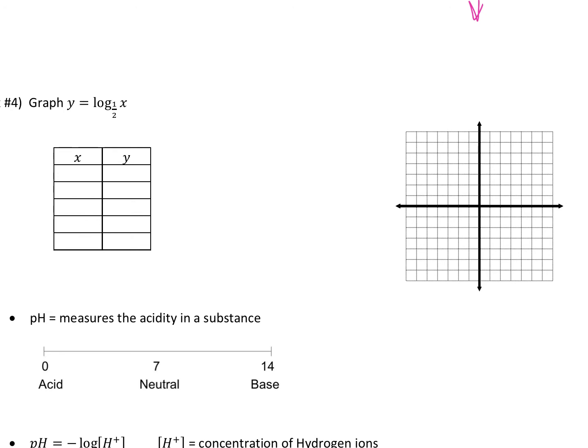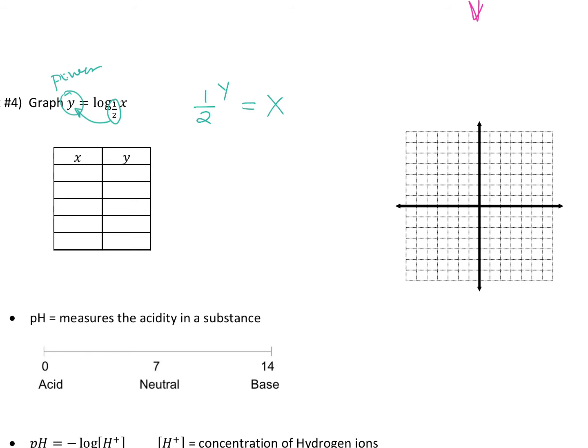Y to the 1/2 power equals x. Not quite. 1/2 to the y power equals x. Right, 1/2 to the y power, right? So it's your base, what it's equal to is always your power, equals x, okay? So 1/2 to the y power equals x.